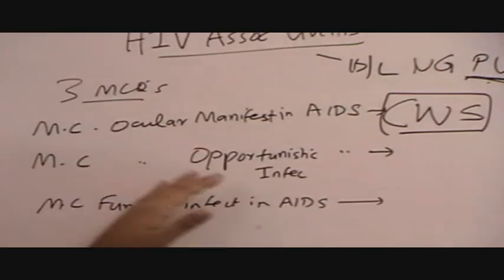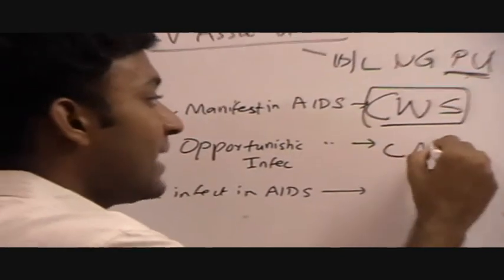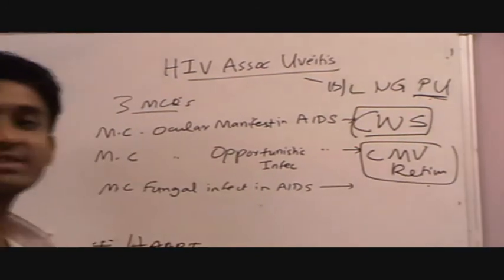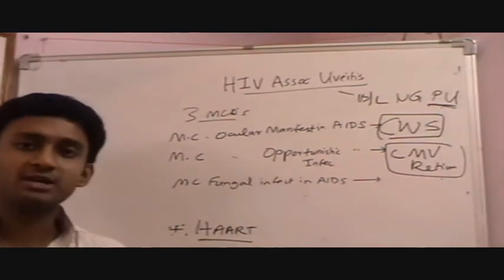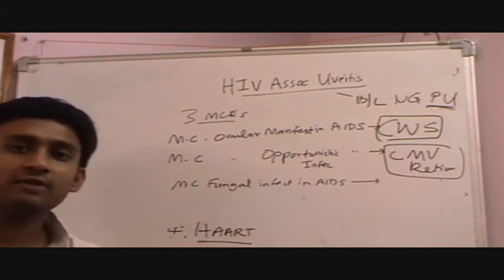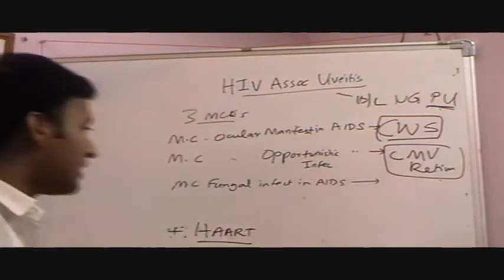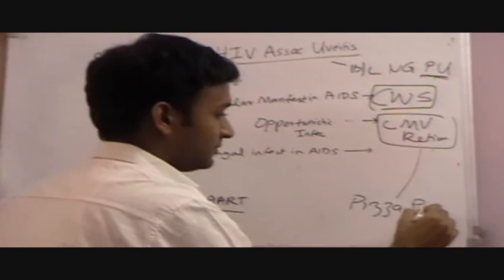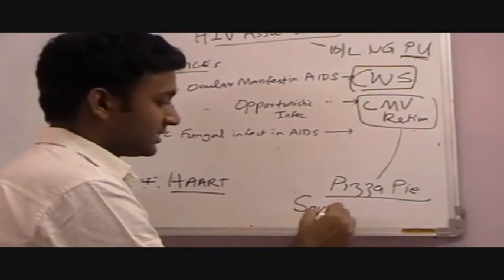What is the most common opportunistic infection in AIDS? It is CMV retinitis, cytomegalovirus retinitis. In CMV retinitis, there are retinal opacities and retinal vasculitis, thereby giving an appearance called the pizza pie appearance. Also called sauce and cheese appearance.